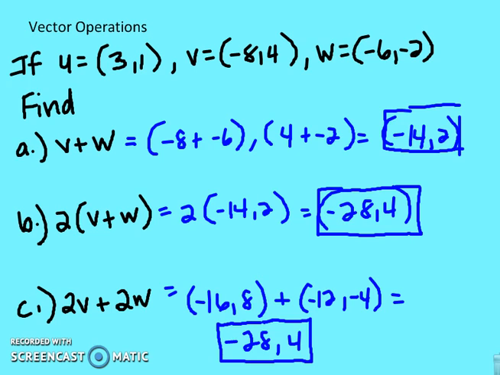And then 2v plus 2w, believe it or not, ends up being the same as 2 times the quantity of v plus w, as we mentioned, distributive property holding in vector operations. So 2 times v, (negative 16, 8), plus (negative 12, negative 4), leaves us with (negative 28, 4) as our resultant vector sum.